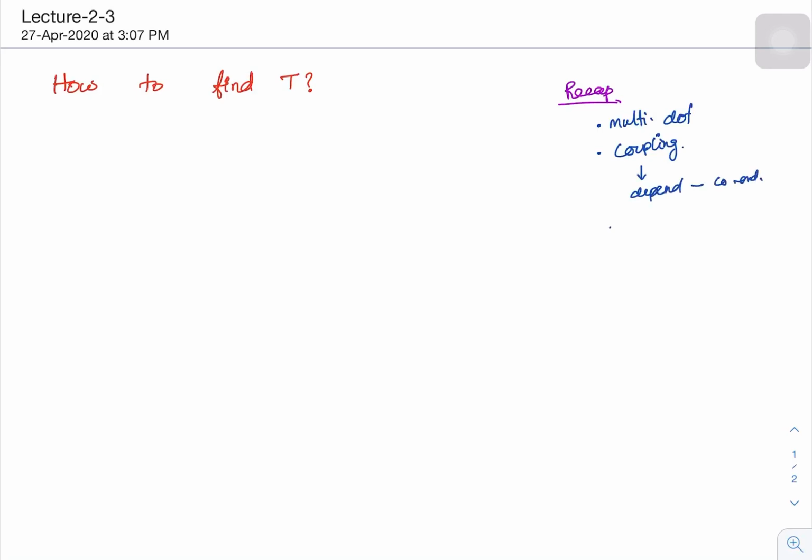So then we said we can find a coordinate system z of t where all M, C and K matrices are diagonal.